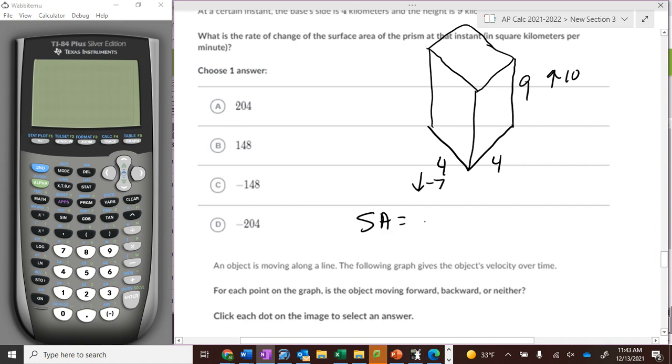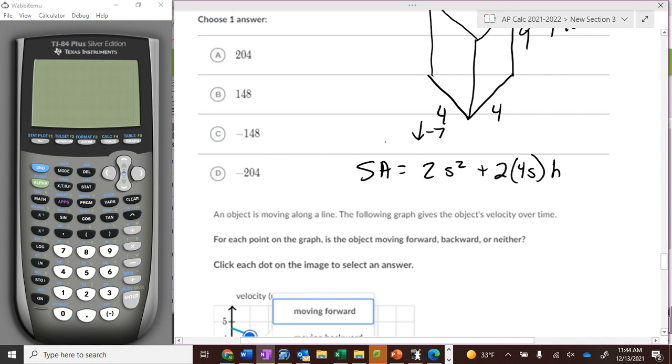Surface area equals the perimeter of the base. Wait, surface area of a prism. I can't see it from here. 2 times the area of the base, so the side squared is the area of the base, plus 2 times the perimeter of the base, which is 4 times S times H. 4 times the length of the side times the height.